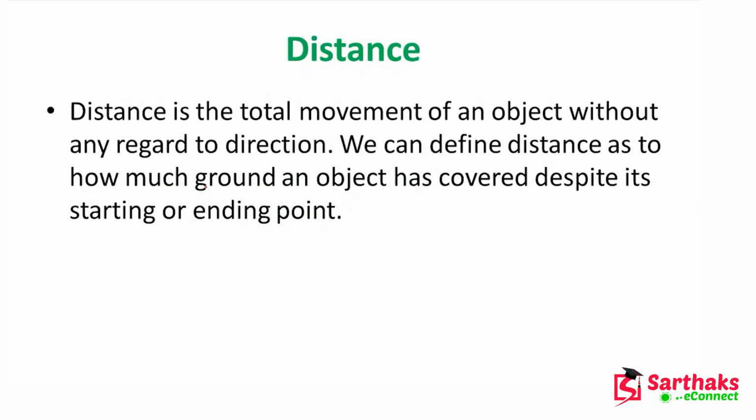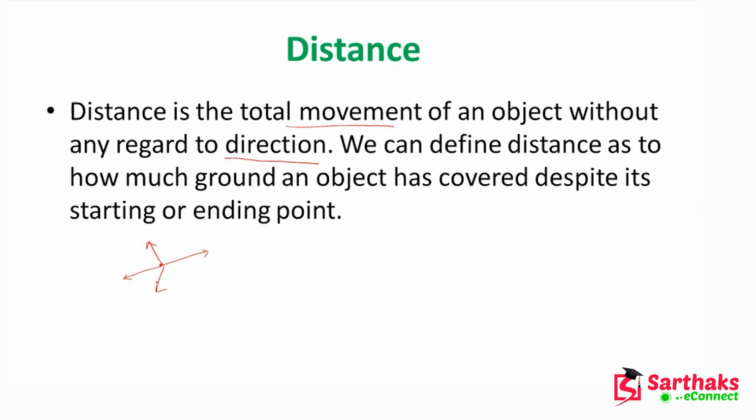Here, first we see the definition. Distance is the total movement of an object without any regard of direction, right? I should not mention any direction here. So distance means you can move from this point to any other point, towards this direction, or this direction, or this direction.